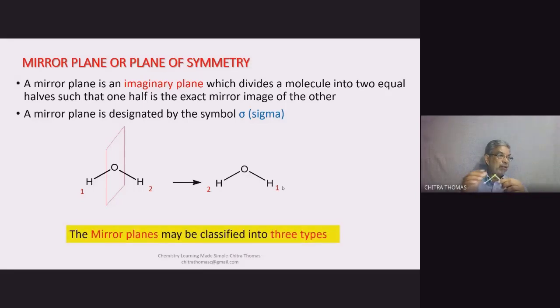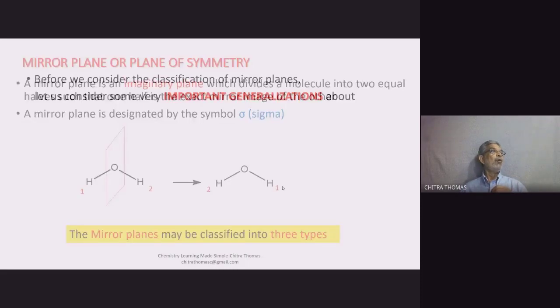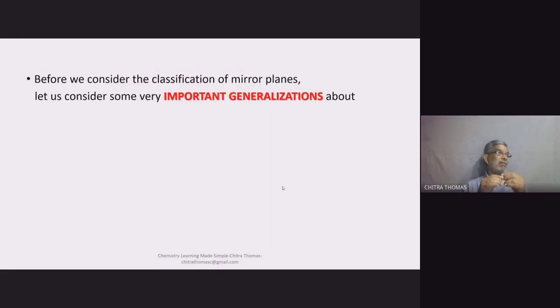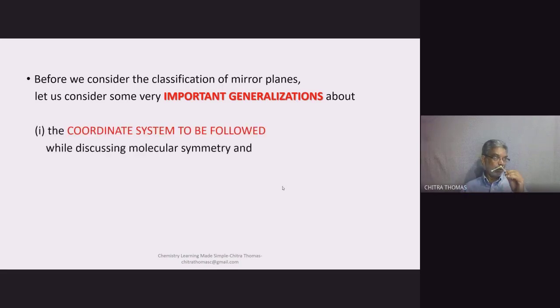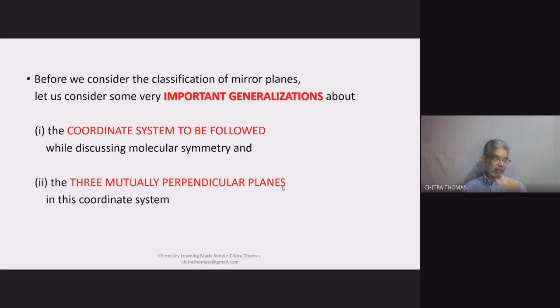The mirror planes may be classified into 3 types. Before we consider the classification of mirror planes, let us consider some very important generalizations about the coordinate system to be followed. We're discussing molecular symmetry and the 3 mutually perpendicular planes in this coordinate system.